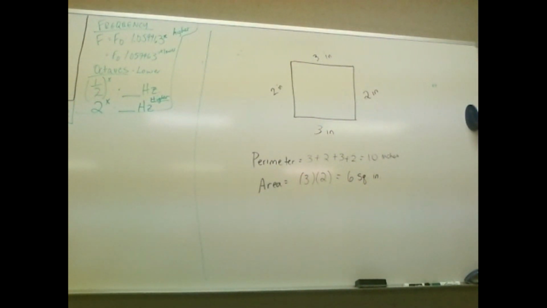The unit for area is always square something. So square inches, square meters, square centimeters, square goldfish, whatever it is, it's always square. Any questions about finding the perimeter and the area of this rectangle? If you've done homework with your children, you probably did this.